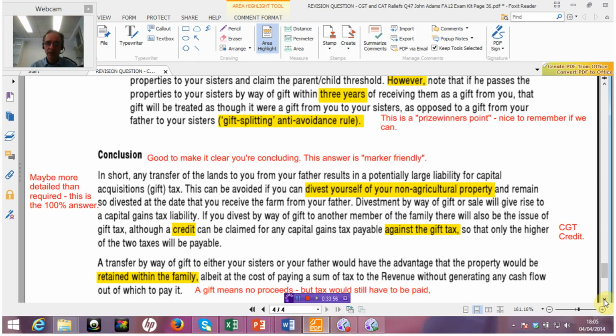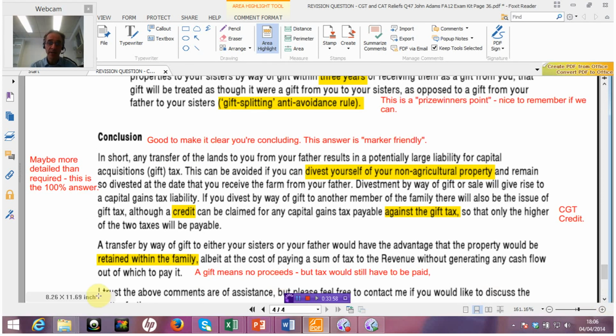Okay, a nice point here just in this paragraph, I'll just draw your attention to, just in terms of your thinking on this area, that that gift to the sisters does retain the property within the family as opposed to it being sold. So that may well be something that they're considering or they consider as important.